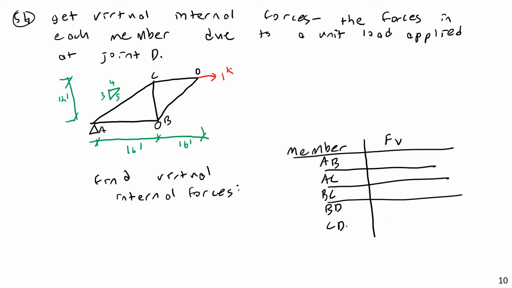And then the virtual member force, or the internal force from the virtual load, AB is going to be 0, AC 1.25, BC negative 0.75, BD 0, and CD 1.0. And so those are my virtual internal forces. And then 5C, the last step, will be to apply the combined virtual work equation.